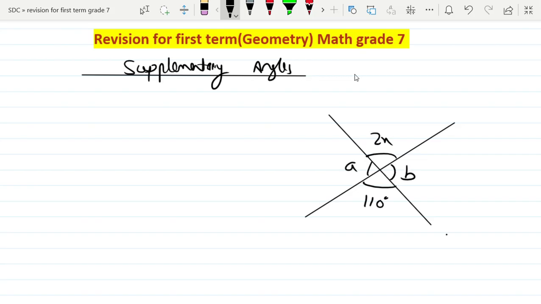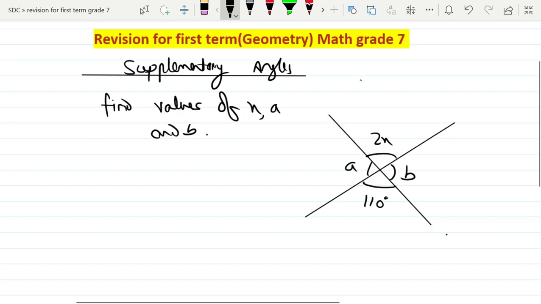So the question is, find the values of x, a and b. With 110 degree we can relate so many angles. 2x you can directly relate, a you can relate, b you can relate.